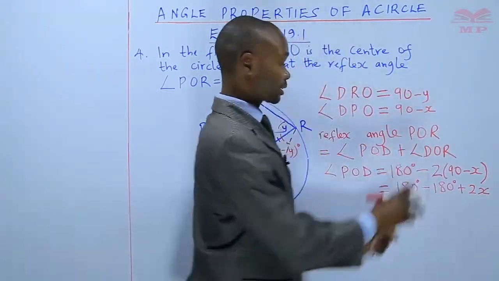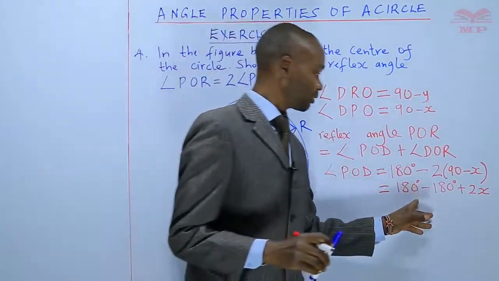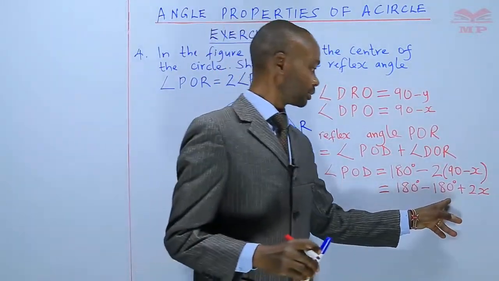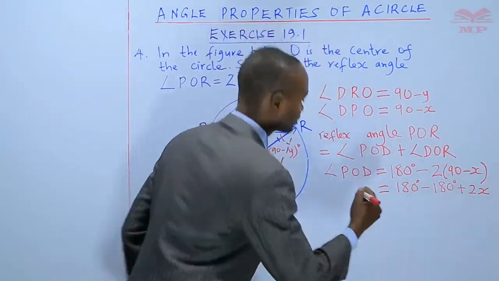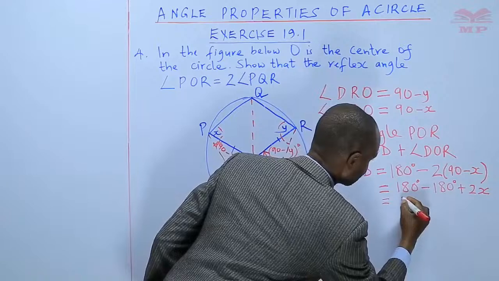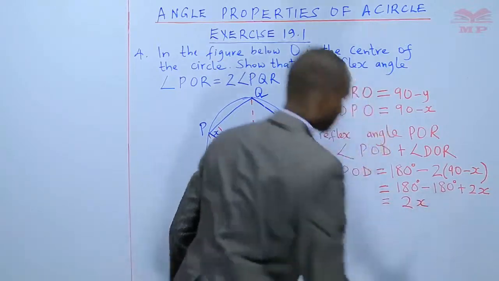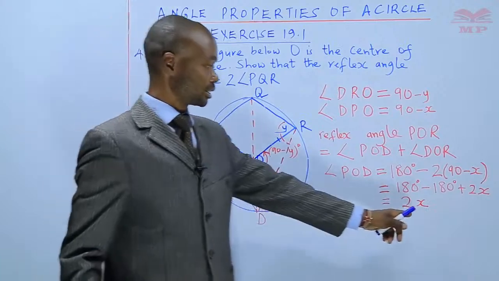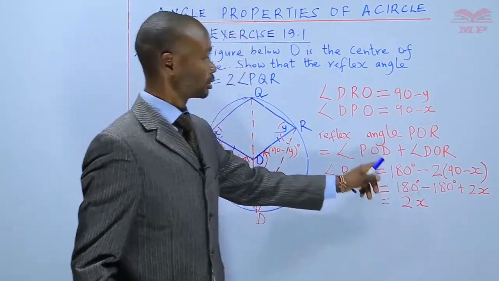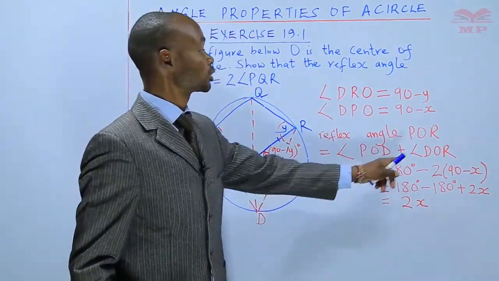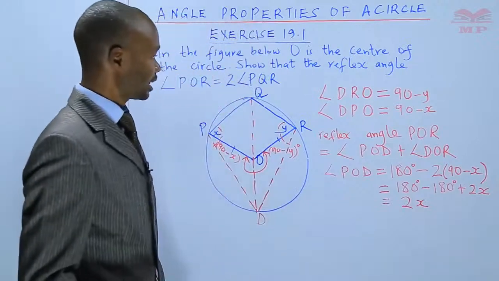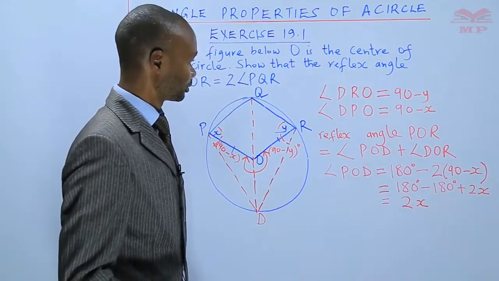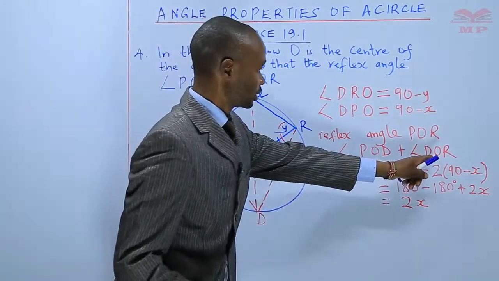So if you work that, 180 minus 180 is 0 plus 2x. So that gives you which value? 2x. So the value of angle POD is 2x. I have now got one of the angles. I need to work out the other angle, angle DOR.